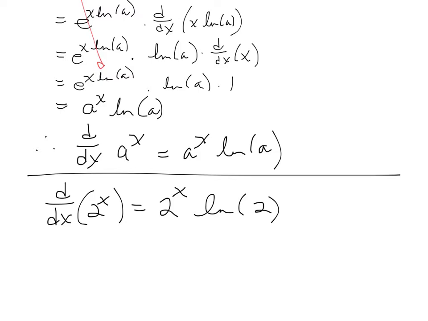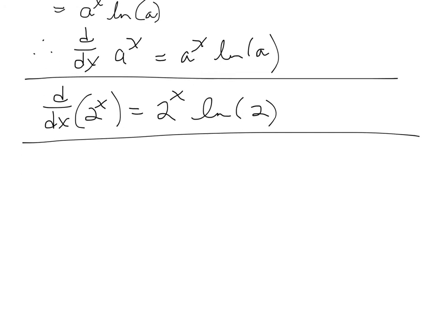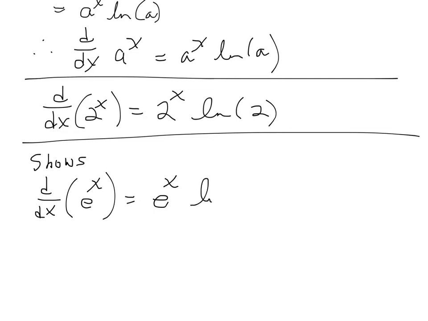All right, but what this actually shows is my derivative of e to the x, I can rewrite as e to the x ln of e, because that's what my definition says. What's ln of e? 1, very good.